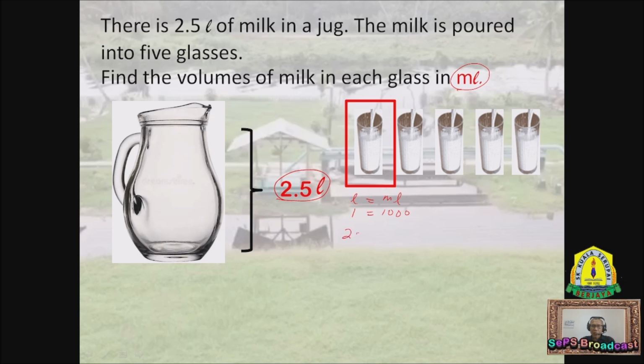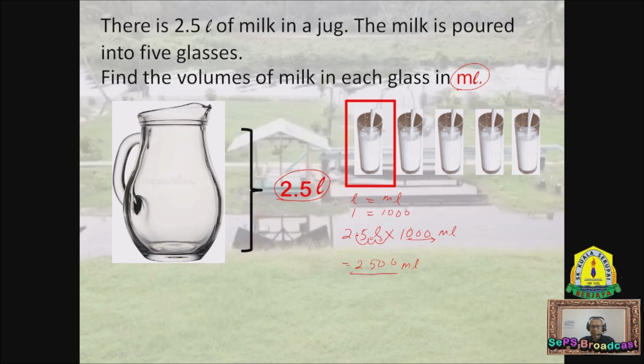So 2.5 liters, we want to convert to milliliters, meaning you have to multiply by 1000. You don't have to write it in standard form. You just move the decimal to the right 3 times. The decimal is here, 1, 2, 3. So you have 2500 milliliters.